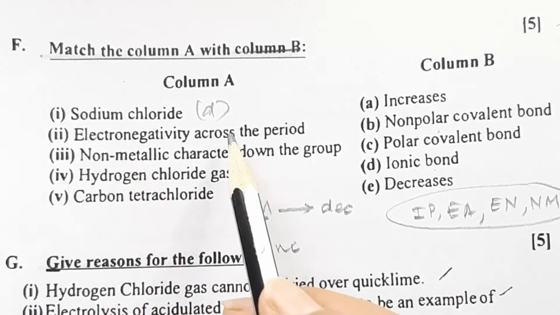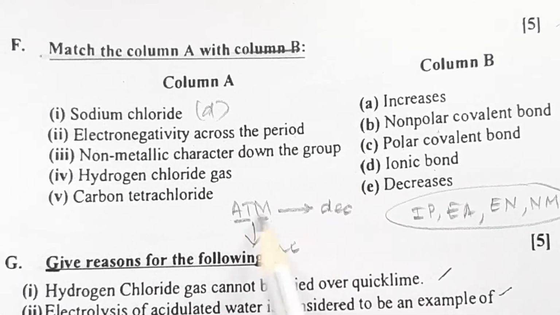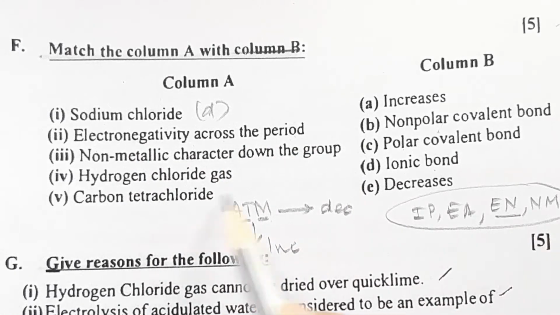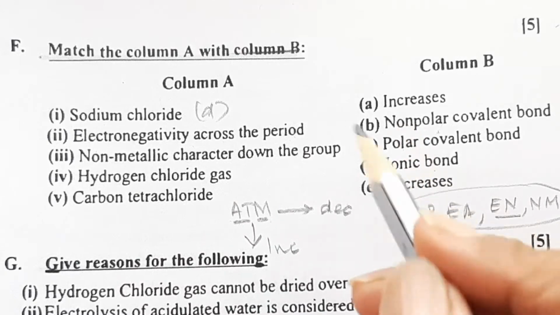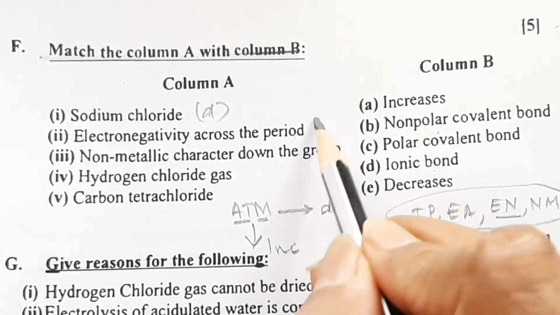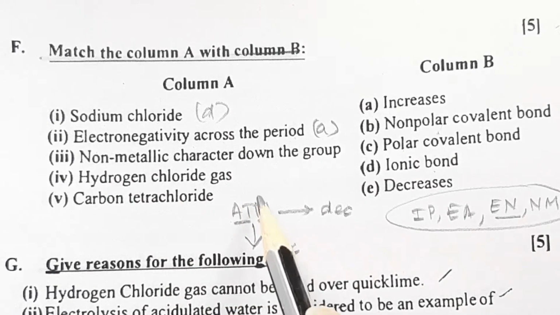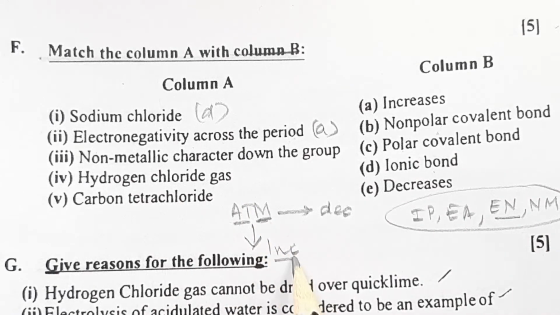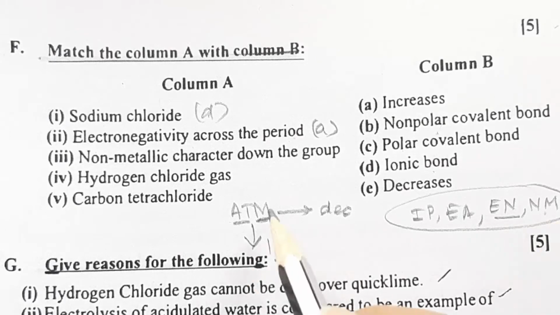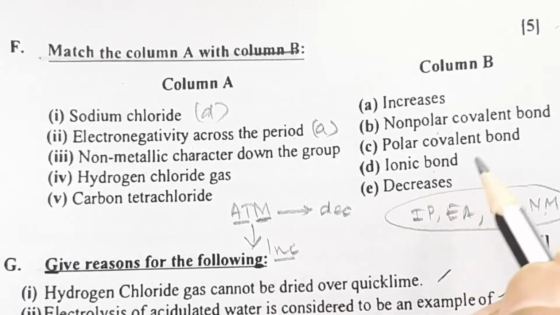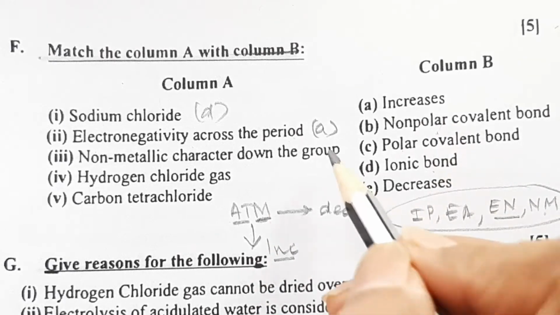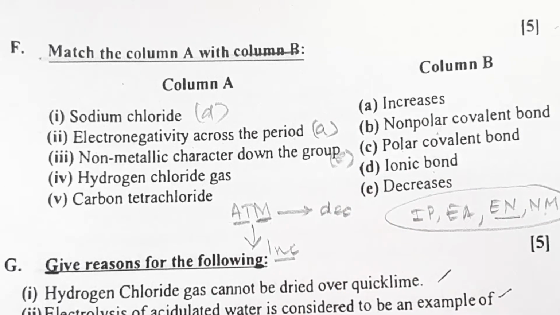So electronegativity across the period will increase. So where is increases? Here. Got that? Non-metallic character down the group. Now down the group metallic character increases, so non-metallic is going to decrease. So we have decreases, that is E. So this is going to be E.